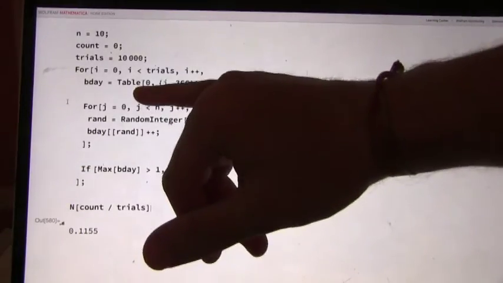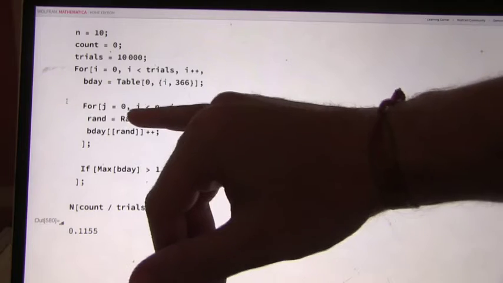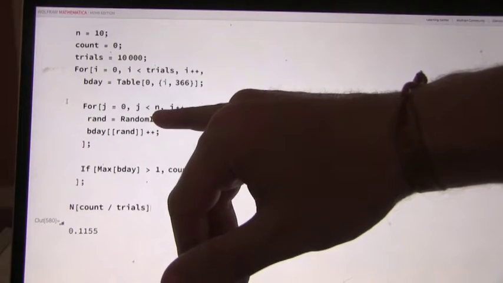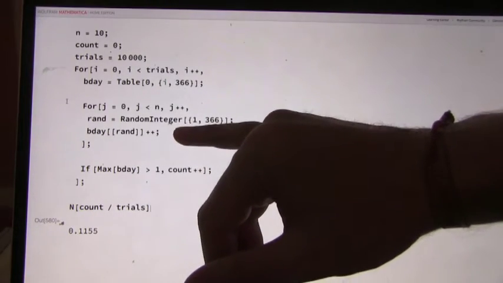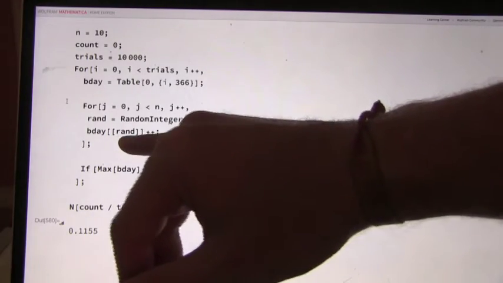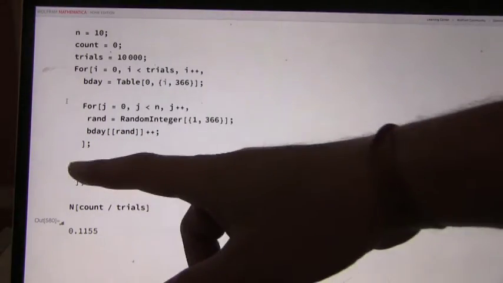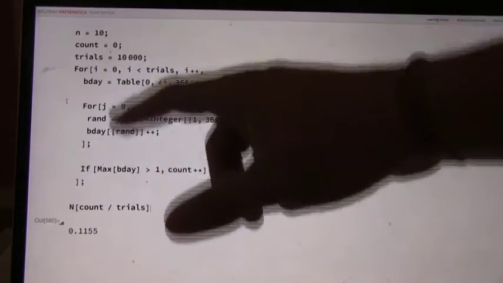We always start with an empty table of 366 zeros. Every time we run a trial with n people, we pick that many n random integers. We put in our table at the spot of the random integer we picked, we just increment it, so it goes from 0 to 1, representing that day has a birthday. And then we look at the end of picking those random numbers, in this case 10.